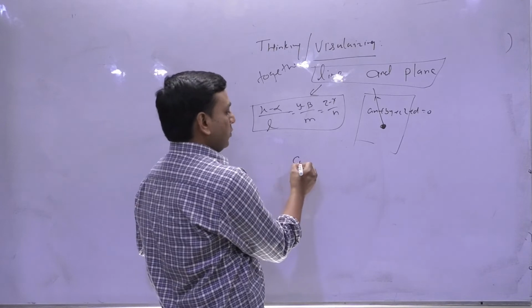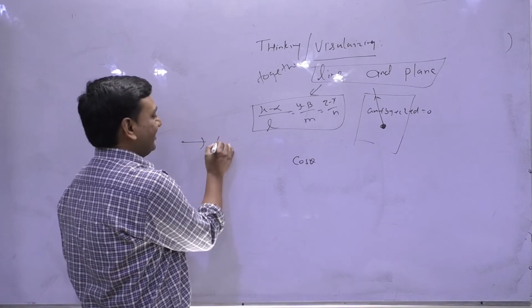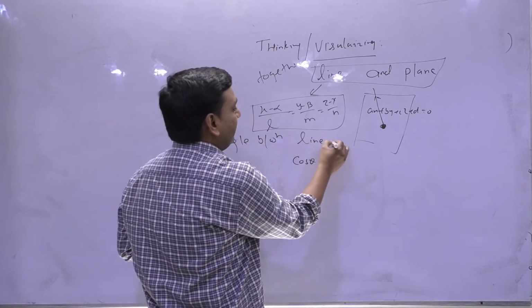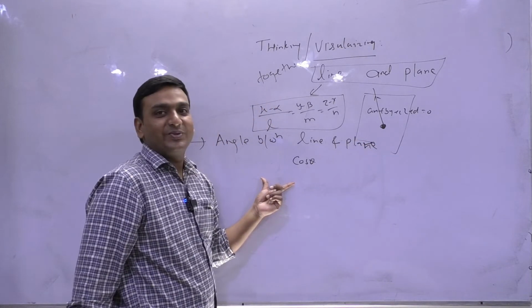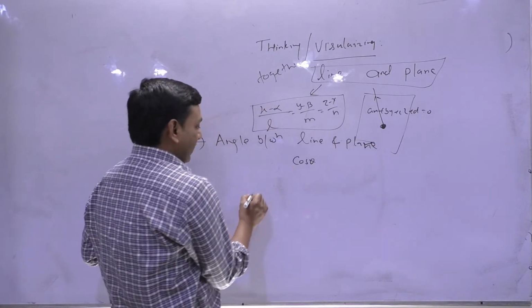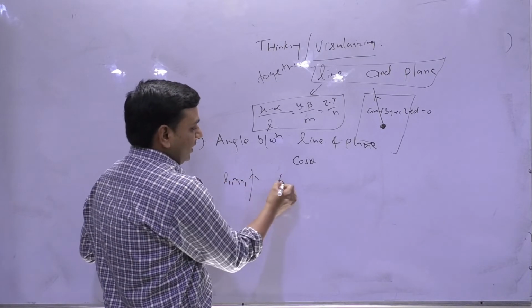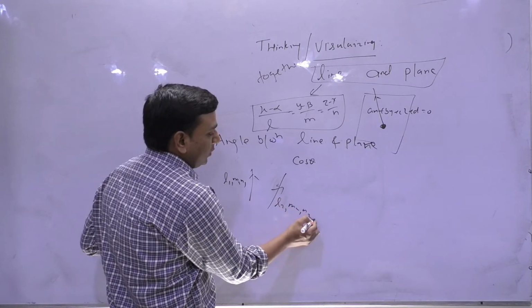So what is the cos theta we discussed? The next subtopic is angle between line and plane. Okay बच्चे? So if this is a line with DCs L1 M1 N1, other is the line with DCs L2 M2 N2.